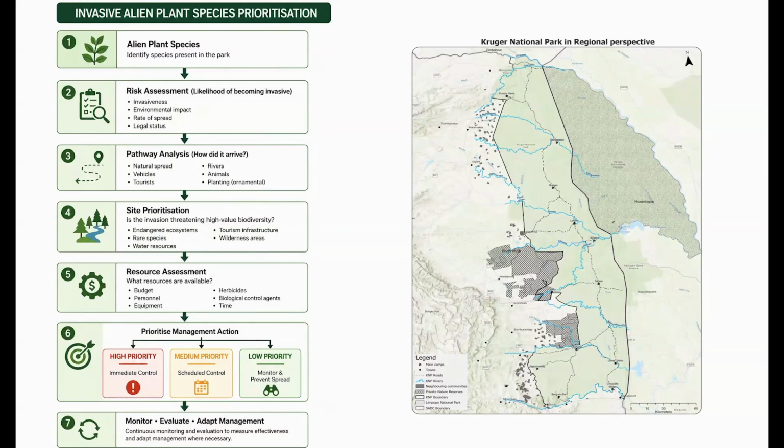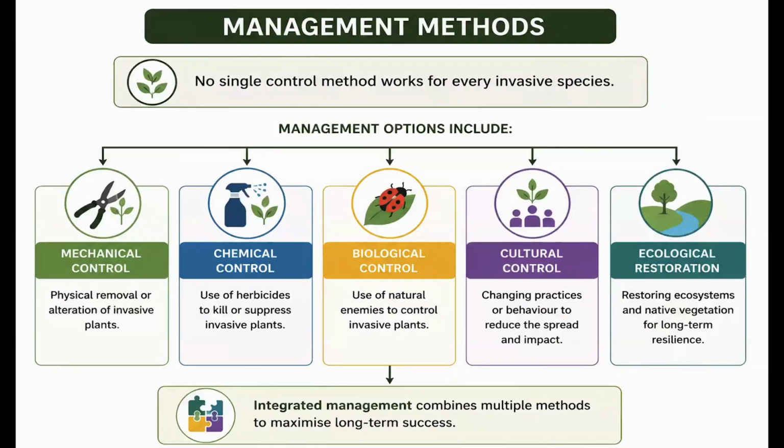So once you've identified the species that you are dealing with in the park, you will decide on your prioritization. You'll also look at the resources that you have available, and then you say, is it a high priority species, medium or low priority species? Obviously, the high priority species will take precedence. So you go ahead and then implement the control based on that.